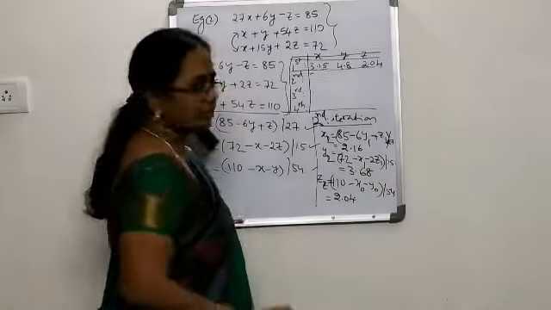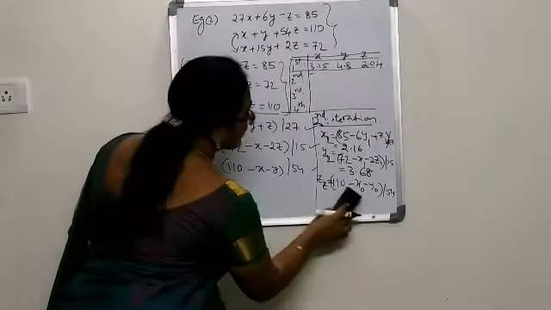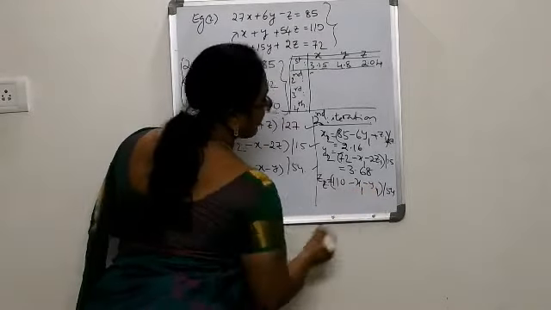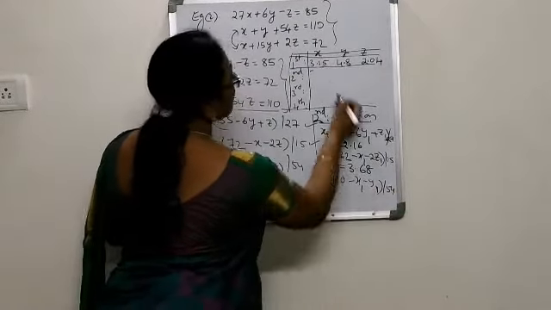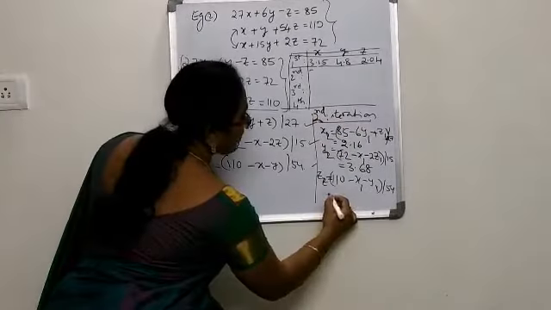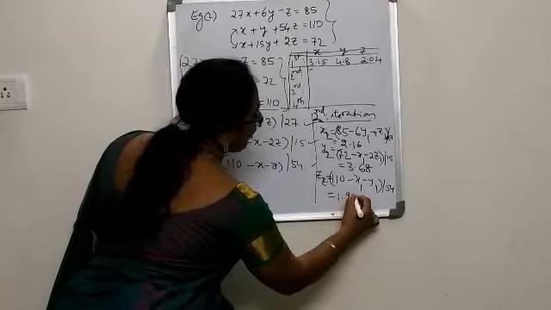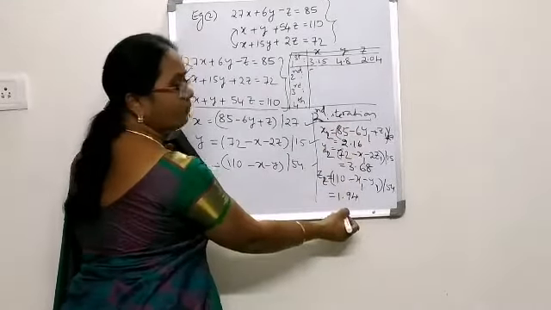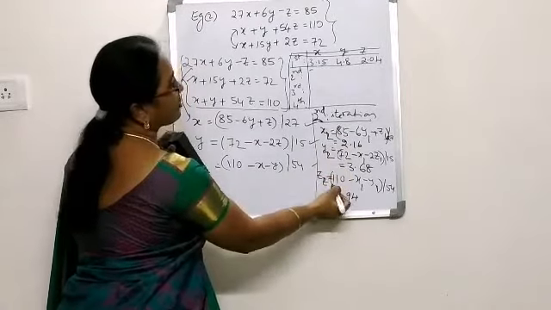3.68. Right? The next is the value of z2, which is 110 minus x1 minus y1 by 54, where x1 is 3.15 and y1 is 4.8, thereby giving us the value 1.94. Right? These are the second approximation values of the x, y and z values.